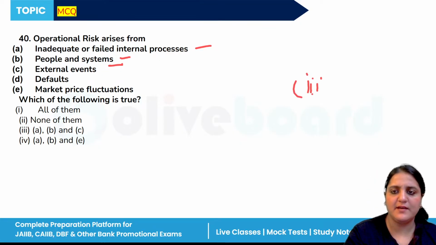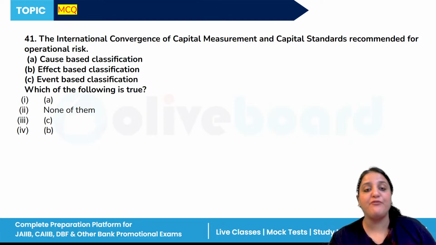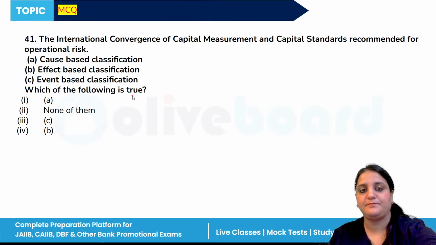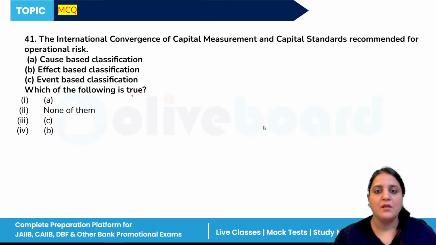Option third is correct. The international convergence of capital measurement and capital standards recommended for operational risk the event-based classification.